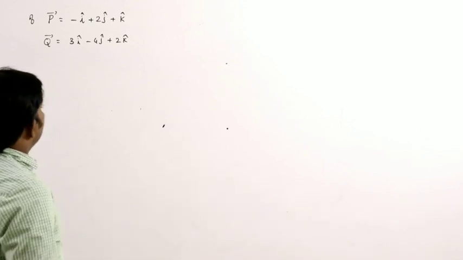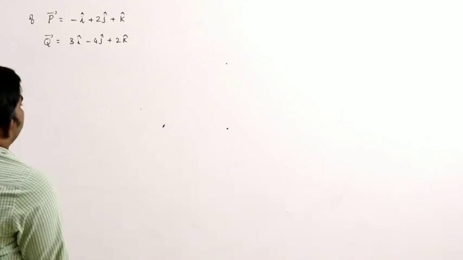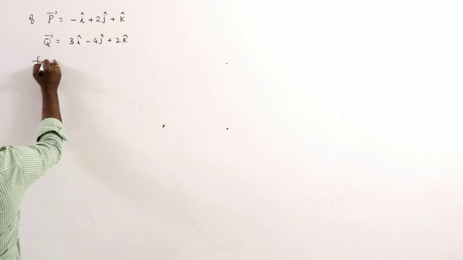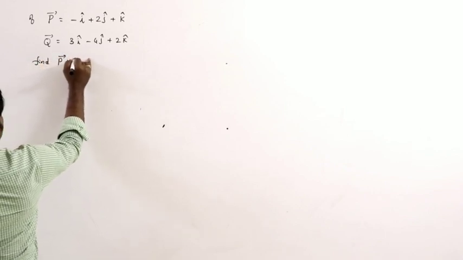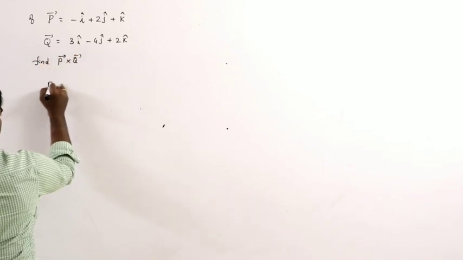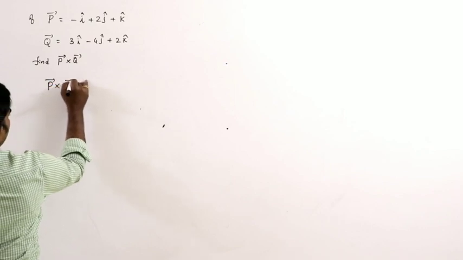These are the two vectors. How can you calculate the cross product? Find p bar cross q bar.